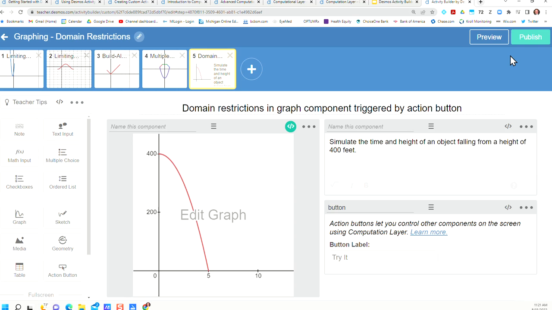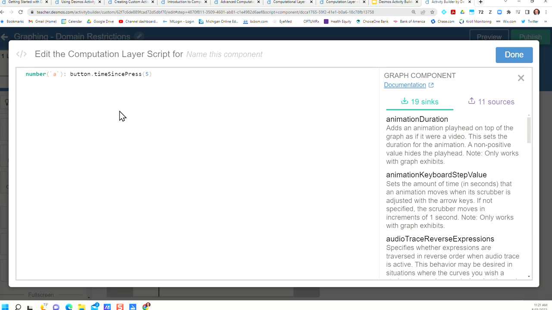So I'm going to click Done, and here's the computation layer script for this graph. So entering this, and for those of you unfamiliar with computation layer basics, I encourage you to watch some other videos, but I'm going to define the number A, and this is the format we use. We use backticks surrounding A, and then after the colon, this is called a sync, this is a number sync.